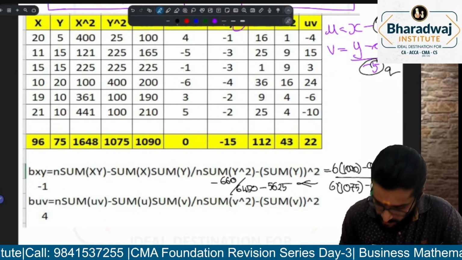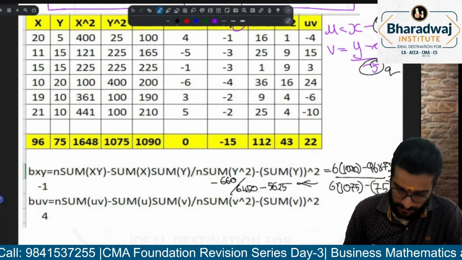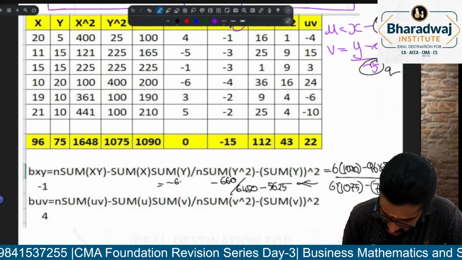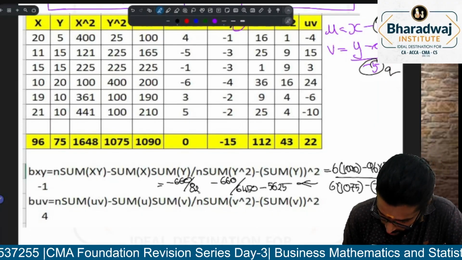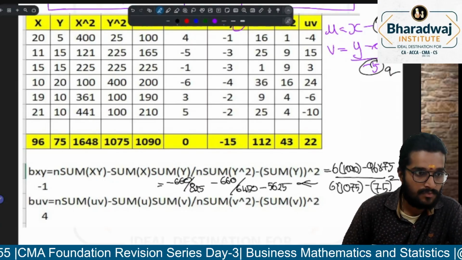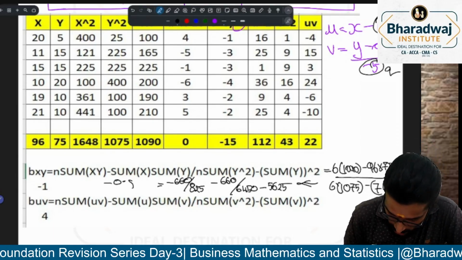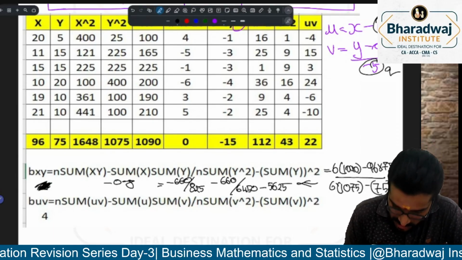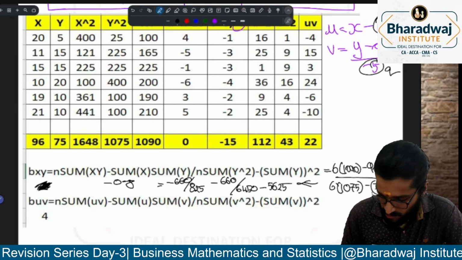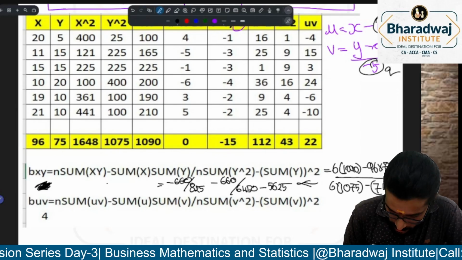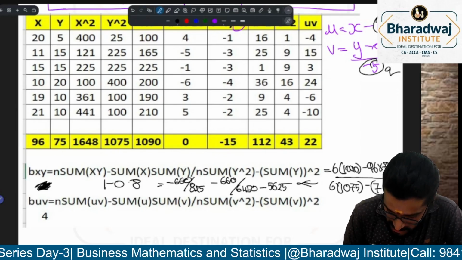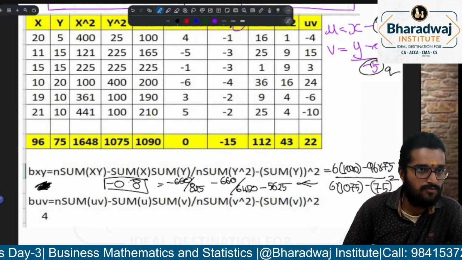So it is 825. Denominator is 825, right? So minus 660 divided by 825. Minus 0.8. It's not minus 1. It's minus 0.8. Now we have to find how we can equate this minus 0.8 towards 4.